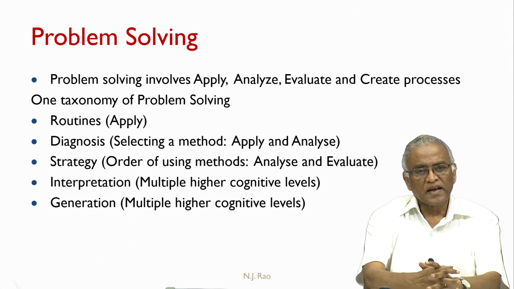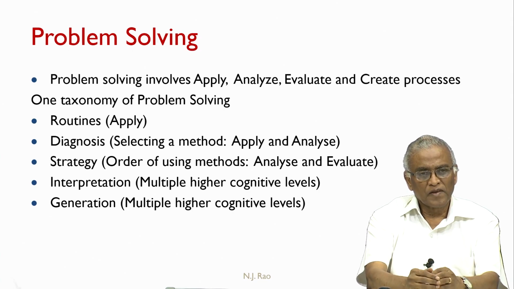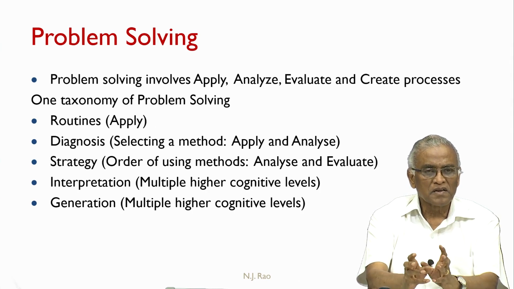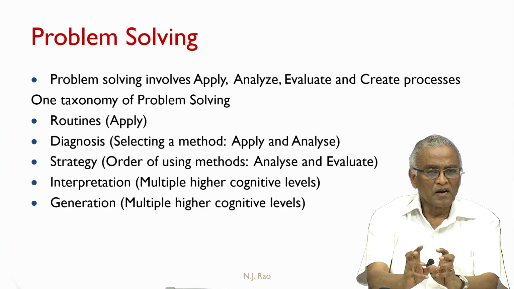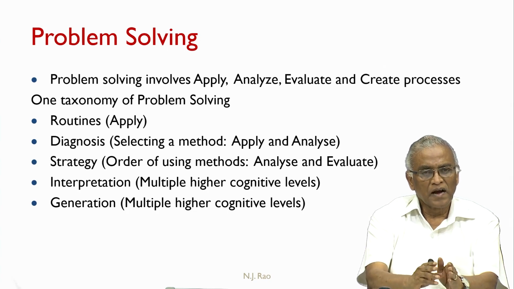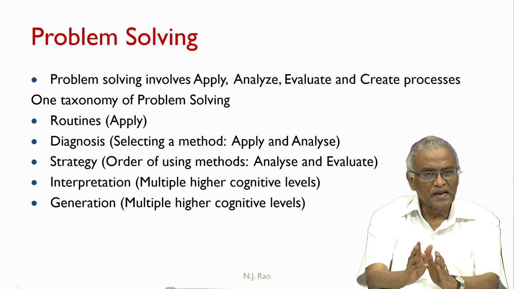Someone proposed a taxonomy of problem solving. Routine problem solving, like end of the chapter problems, is merely apply. And you may say you are selecting a particular problem solving method under some conditions. So you can call it diagnosis, and in that apply and analyze are involved.